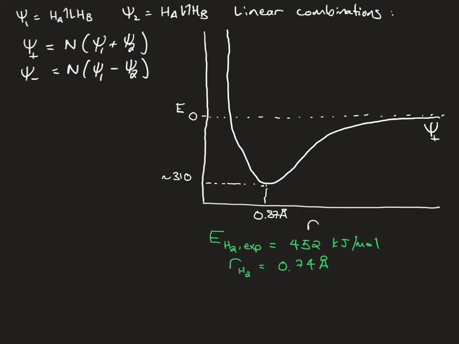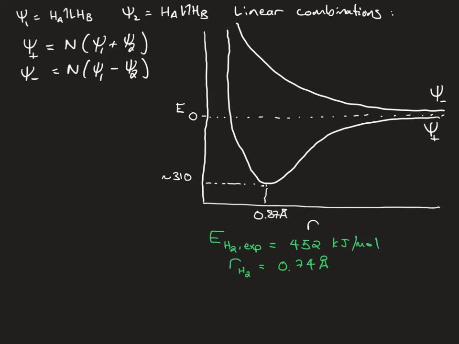Going through and plotting psi minus, you get something that looks like this. So as you bring these two nuclei together, the energy of the system just begins to increase and increase. This description that we have actually has some physical meaning to it.